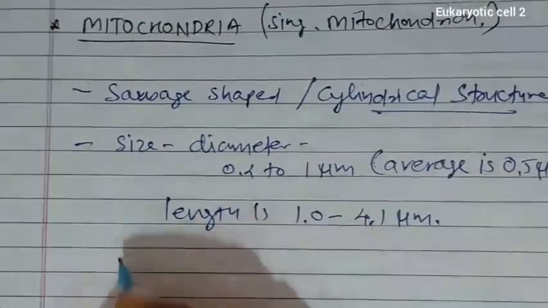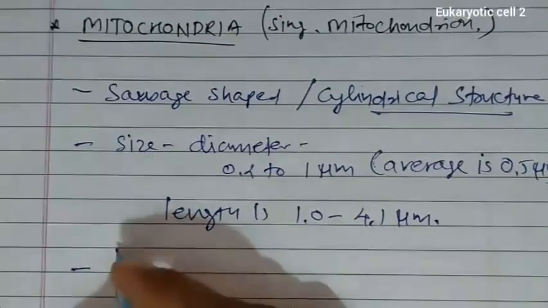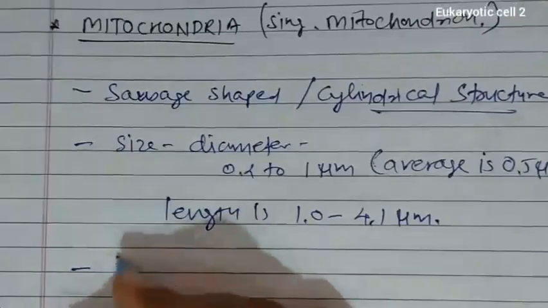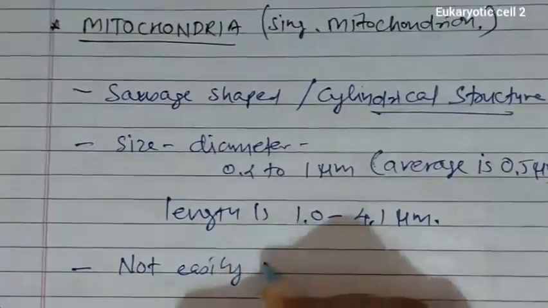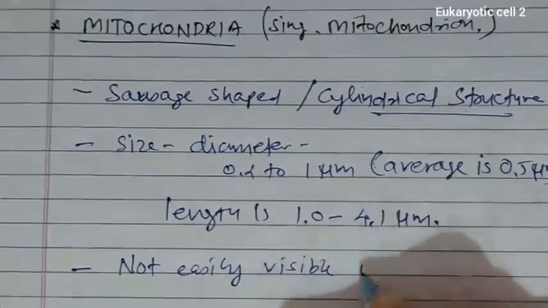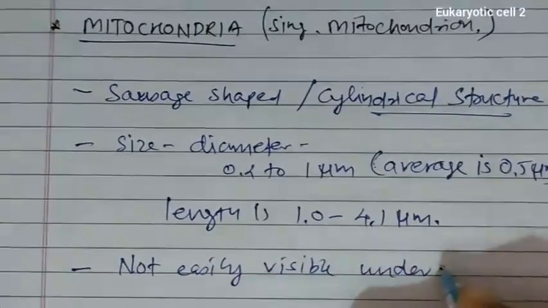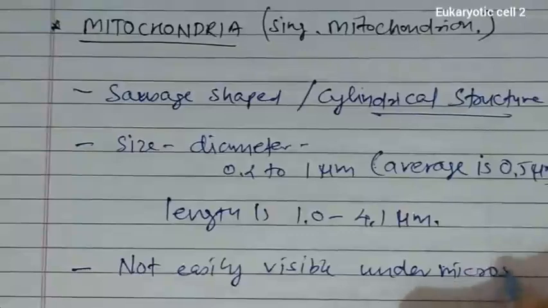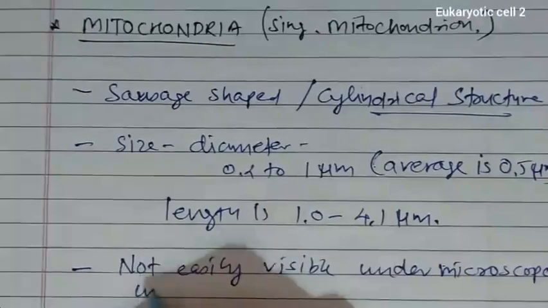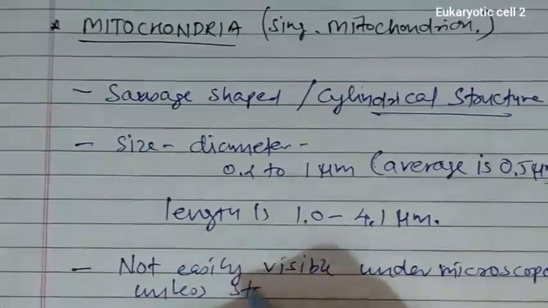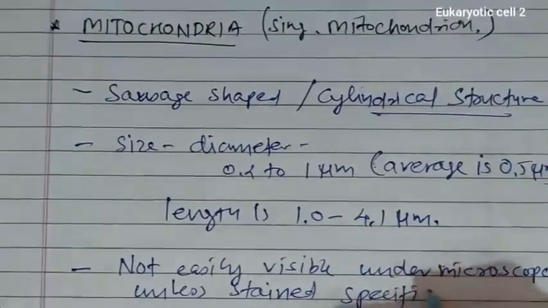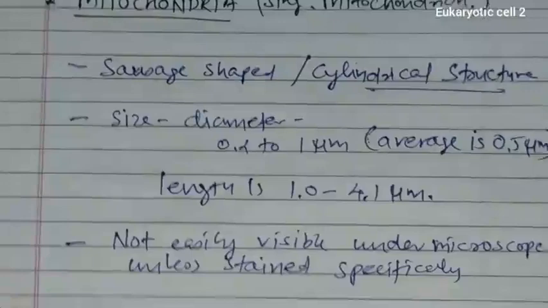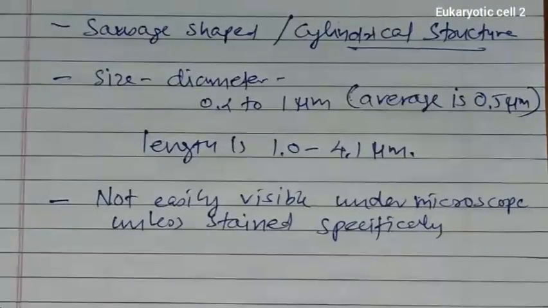These mitochondria are not easily visible under a microscope unless stained specifically. If they are not stained properly, then they cannot be visible under the microscope.